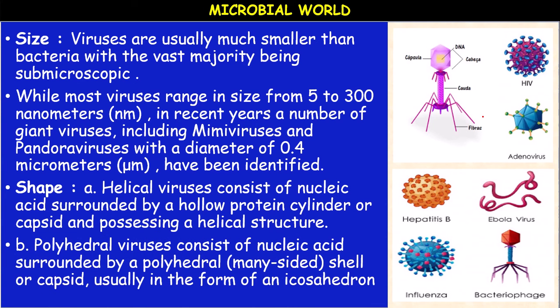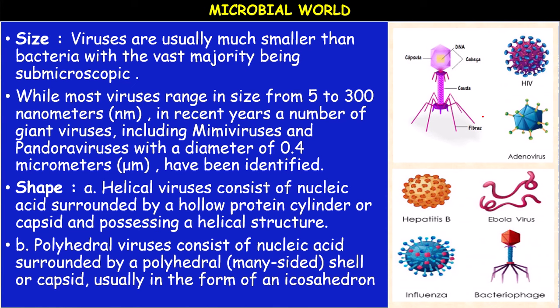Next, the polyhedral viruses consist of nucleic acid surrounded by a polyhedral, meaning many-sided, shell or capsid, usually in the form of an icosahedron shape.